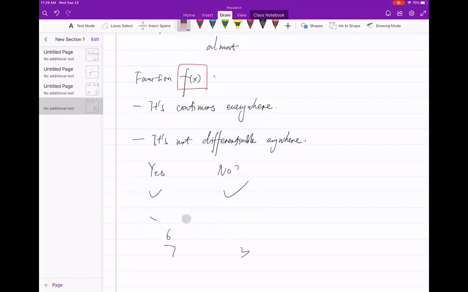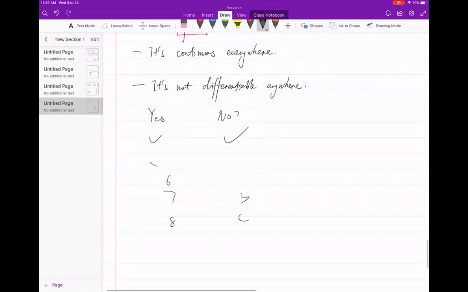Let's hear people who say no. 8, 4. Okay, we got 2 against 1. Roughly the ratio. Let's call a person who said no. Bryony, you said no.